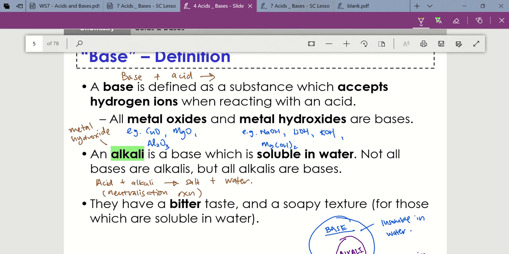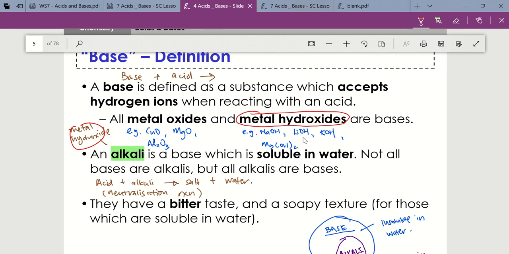All right, and then they also say that metal oxides and metal hydroxides are bases. So here we see again metal hydroxide, which is a type of alkali, and metal hydroxide appears here again. Okay, so what are common metal hydroxides that we are looking at?